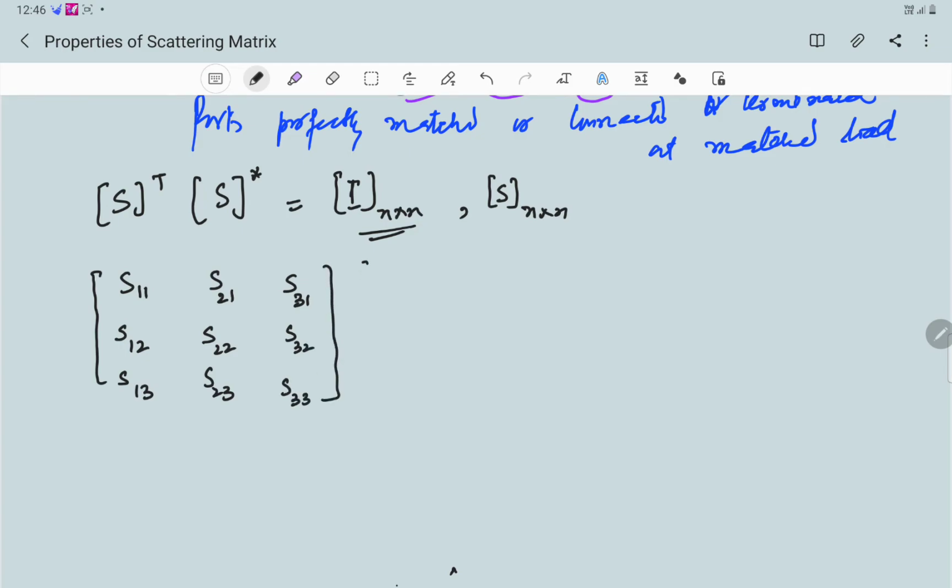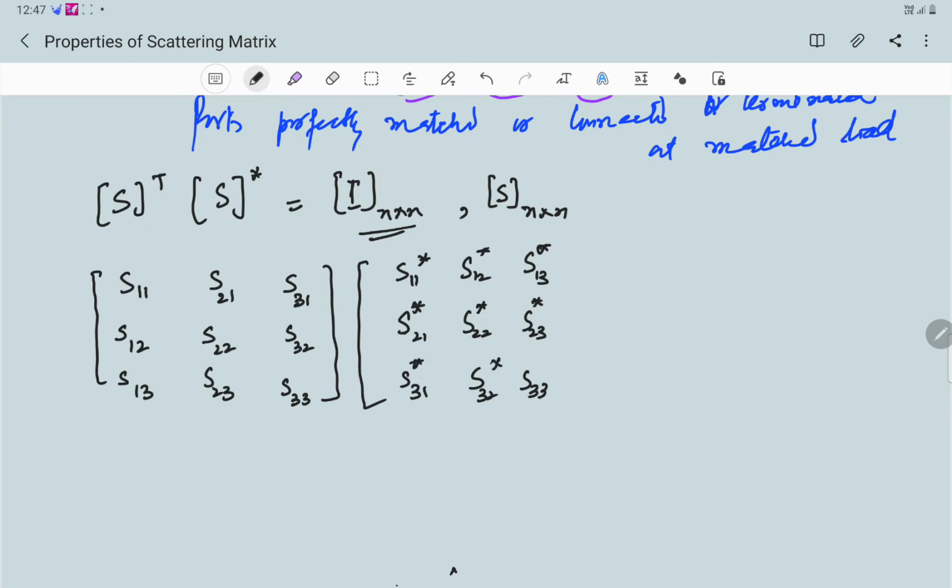This is our S transpose, and S conjugate is S11 star, S12 star, S13 star, S21 star, S22 star, S23 star, S31 star, S32 star, S33 star, where the star represents the conjugate of each individual element. And then I said this is a unit matrix: 1 0 0, 0 1 0, 0 0 1.